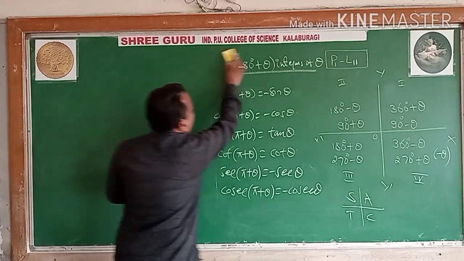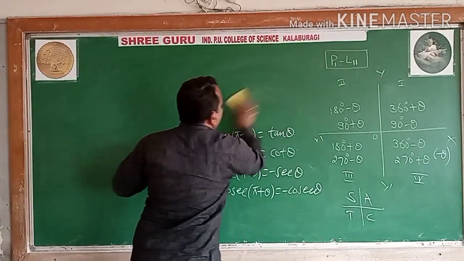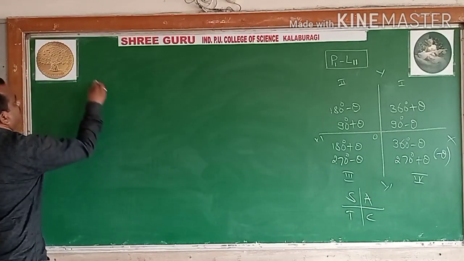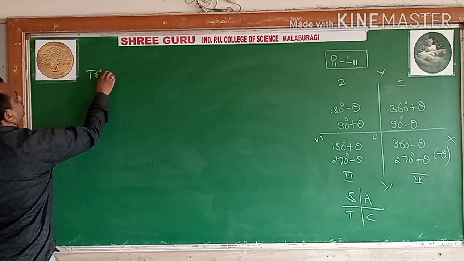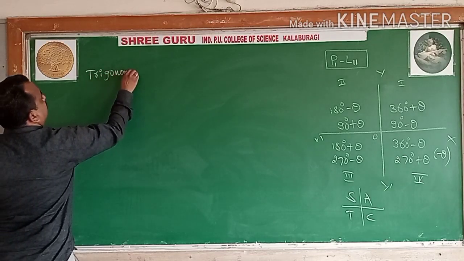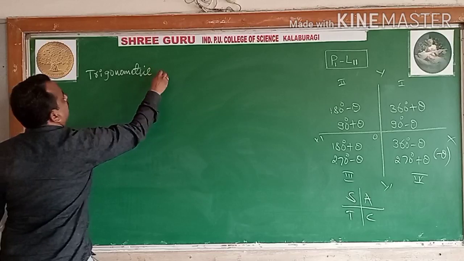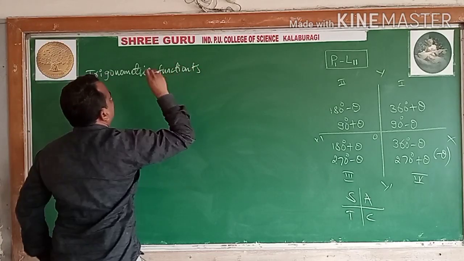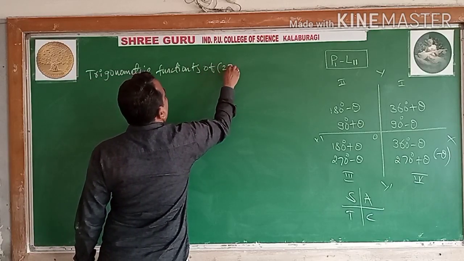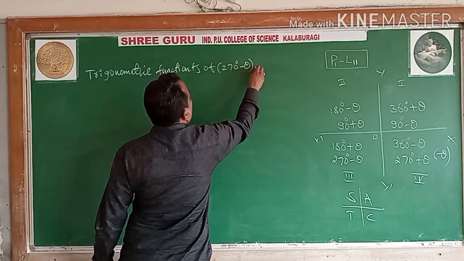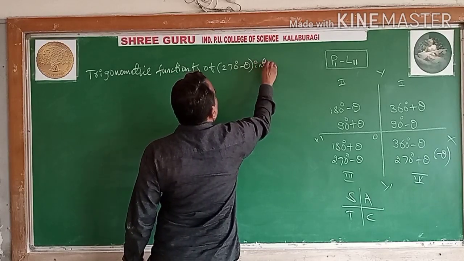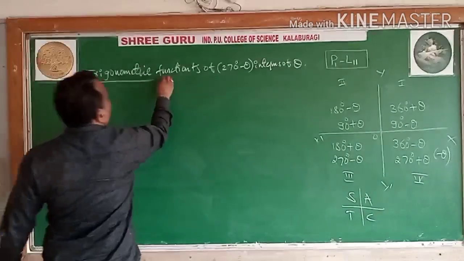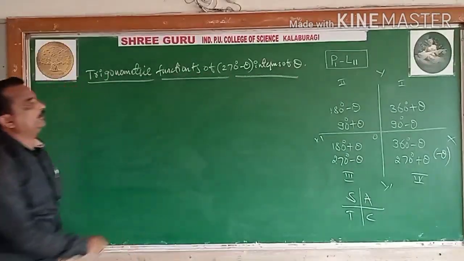Now see the trigonometric functions of 270 degree minus theta in terms of theta.